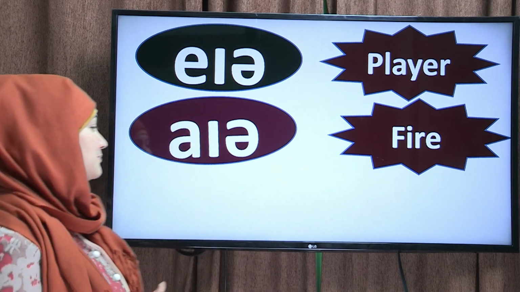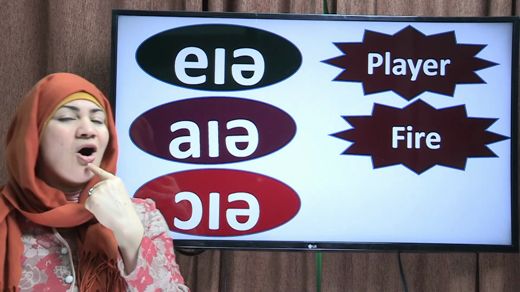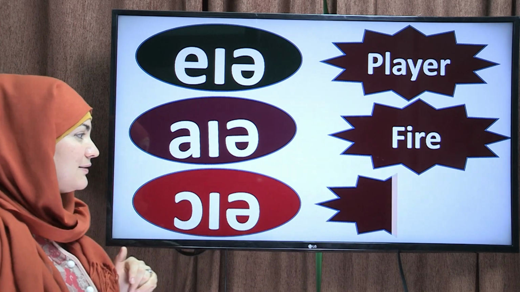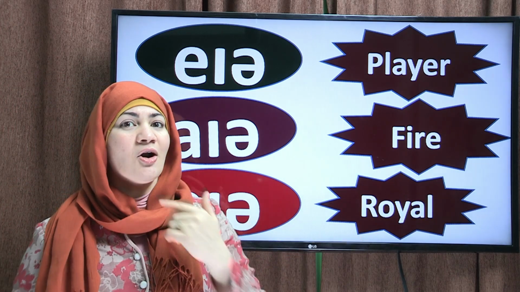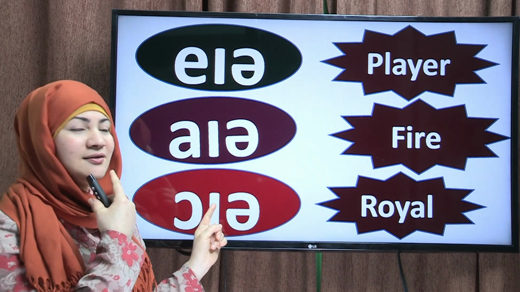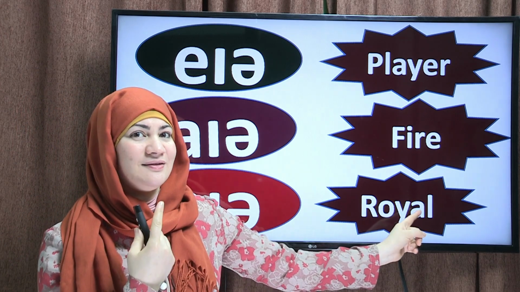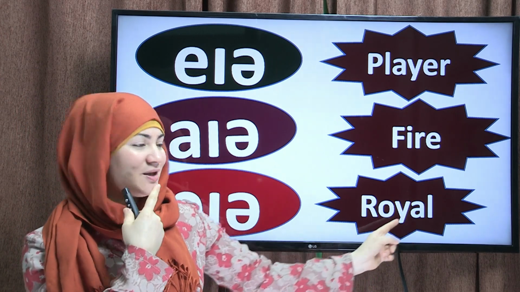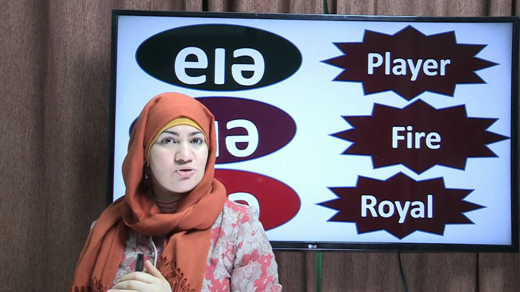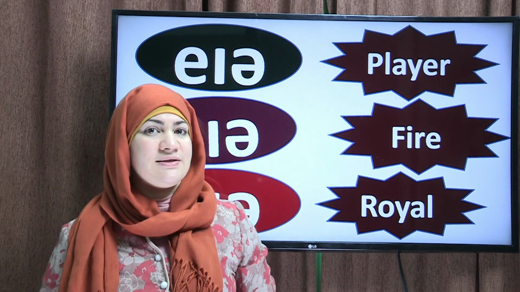The third one, /ɔɪə/. The example is royal, oil, royal. You see here, royal. These are three triphthongs with their examples.